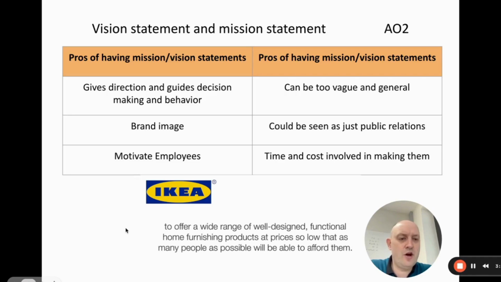I think that when they're making decisions about new products, their products have to be well designed, functional, and low price. So you can see that this can help give guidance to their decision making, especially around product design, but also elsewhere in the business. It's also something that can boost brand image. If people do read this, they can go, yeah, IKEA, they want to keep their prices low. So it's a way of reinforcing their brand image.